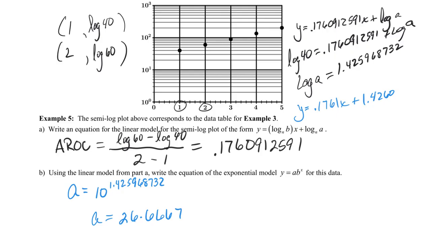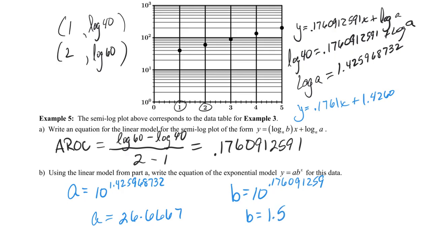And then we do the same thing with B. We go B equals 10 to the, and then we use this long 0.176091259, and we put that in our calculator, and we get a much nicer number of 1.5.